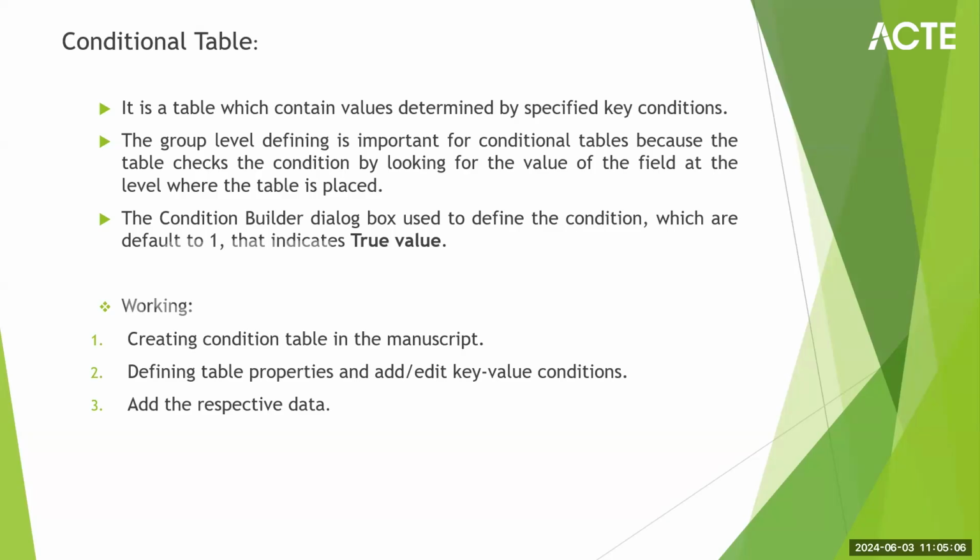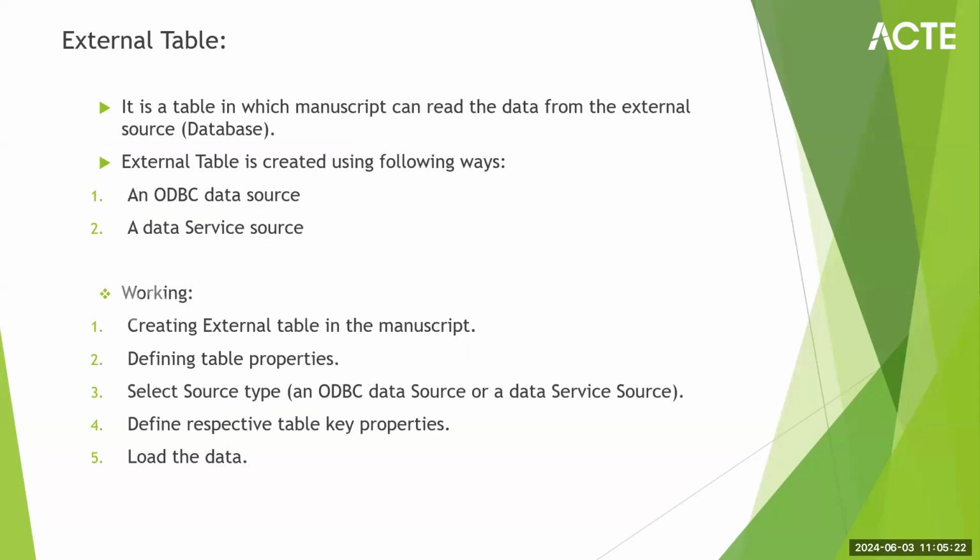Then only can you access this table from the policy. How it works: create a table in a manuscript, define the table properties, add or edit the key, value and condition, and add the respective data, whatever you want.